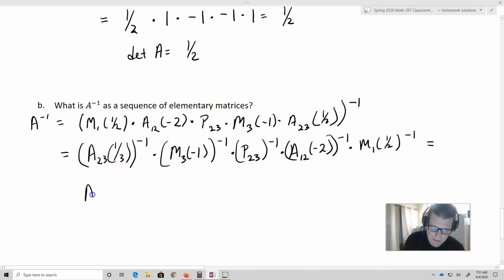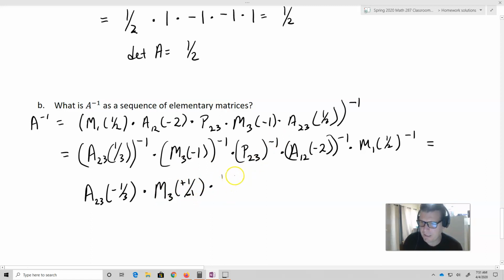Okay, so now what we know is that the inverse of A23 1/3 is just going to be A23 negative 1/3. So you make each one of those values negative. Times M3 negative 1, so that's M3, and you actually take the inverse, or 1 over negative 1, excuse me. So you just flip it. Times the inverse of P23, which is P23, because if you switch 2 and 3, now 3 is in the 2 spot and 2 is in the 3 spot.